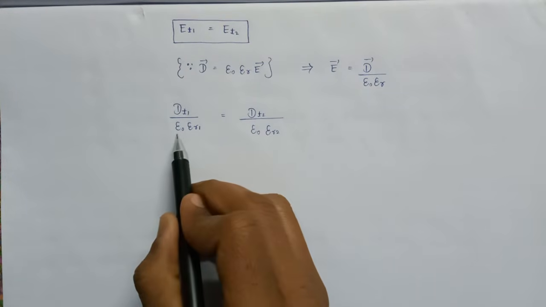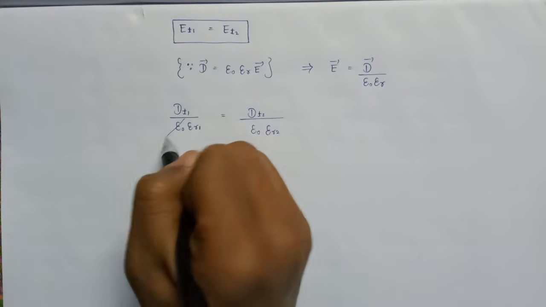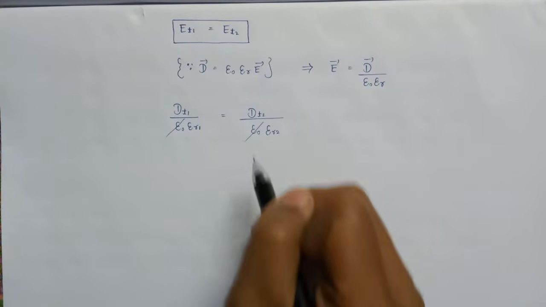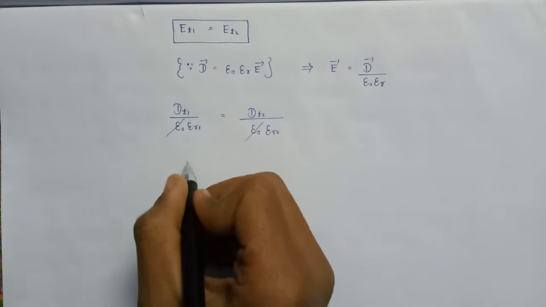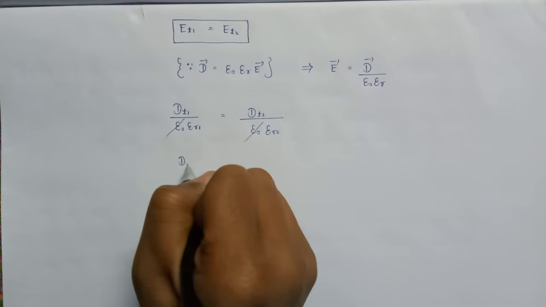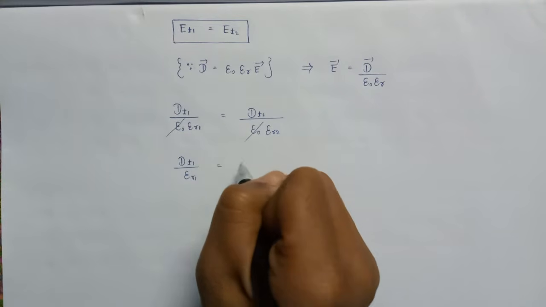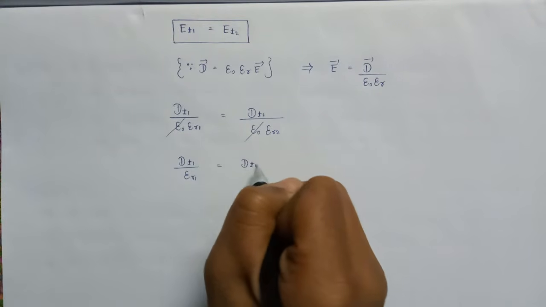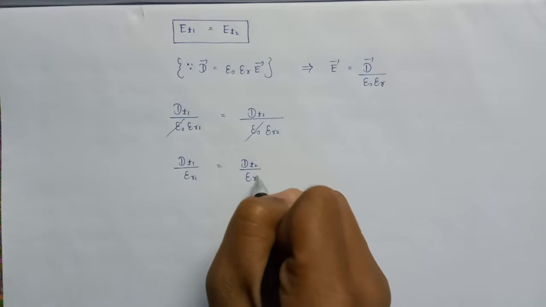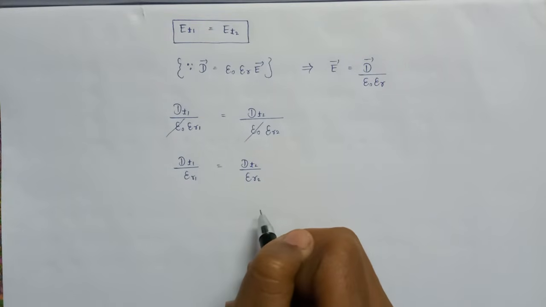Now from the LHS and the RHS, this epsilon 0 will get cancelled with this epsilon 0, and the remaining term that we get is dt1 over epsilon r1 equals to dt2 over epsilon r2.